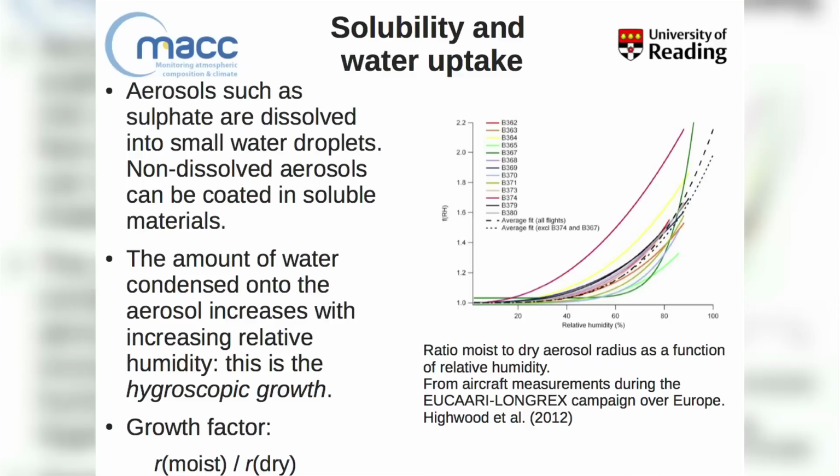Then, solubility. So the question here is, is the aerosol soluble in water or not? The main example of a soluble aerosol is sulfate, which is typically present as very small droplets of sulfuric acid or ammonium sulfate.